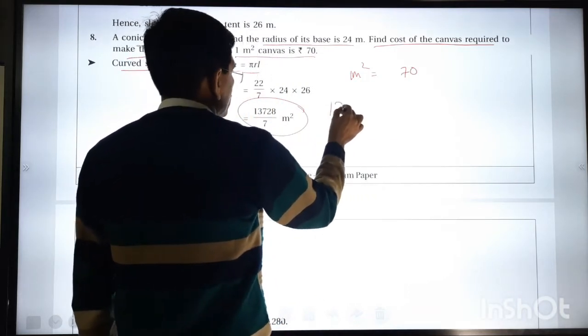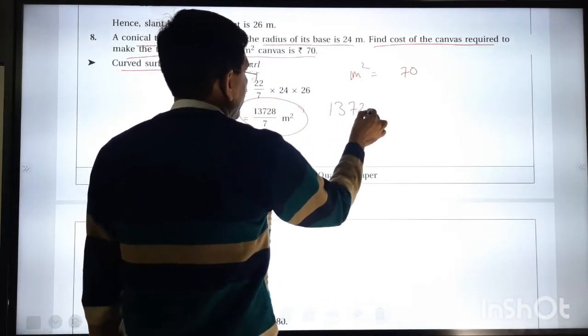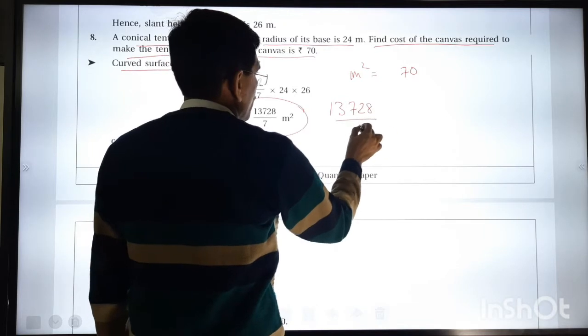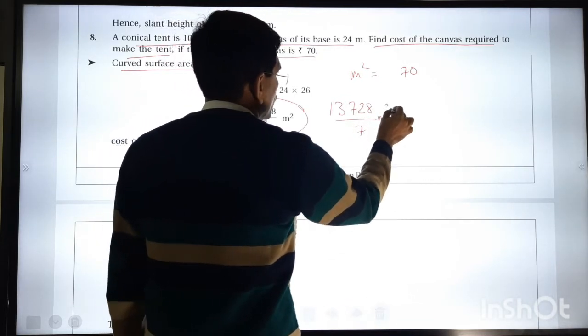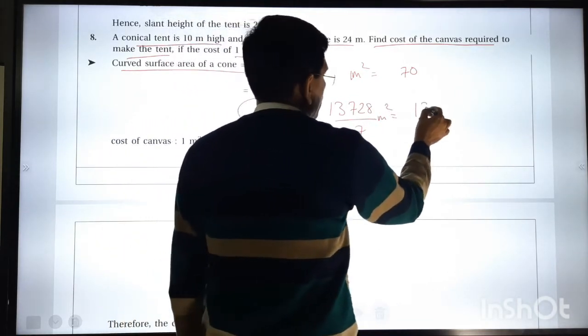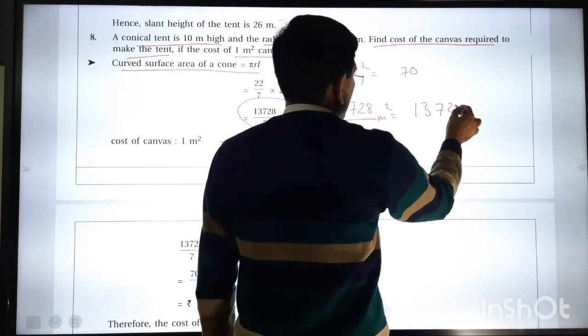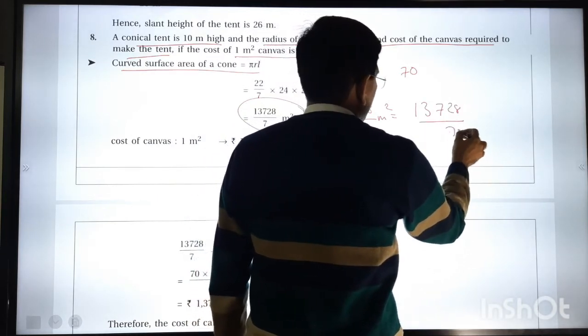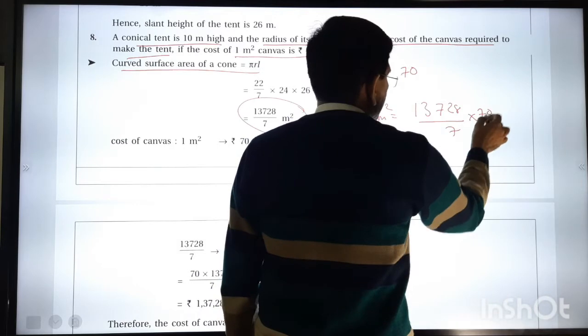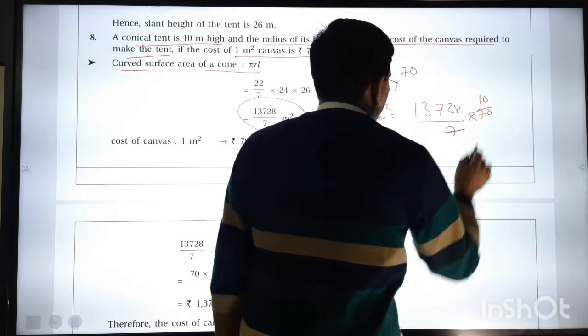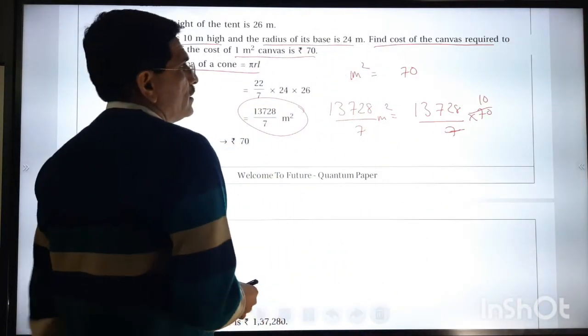Now 13,728 upon 7 meter square is equal to 13,728 upon 7 multiplied by 70. So here it is 10, so you have to directly write 10.